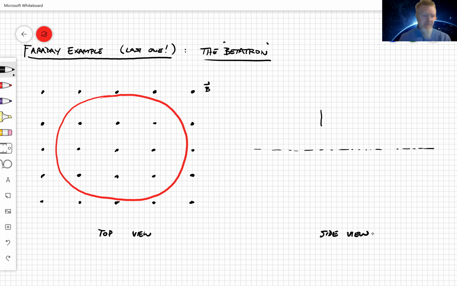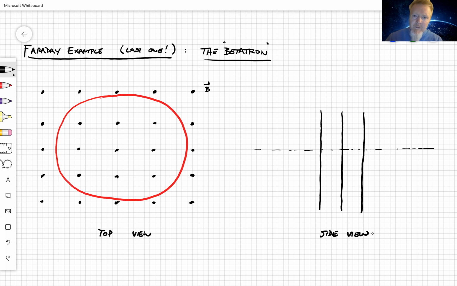This is what the B field looks like. It's always coming out of the page, so it's going this way.